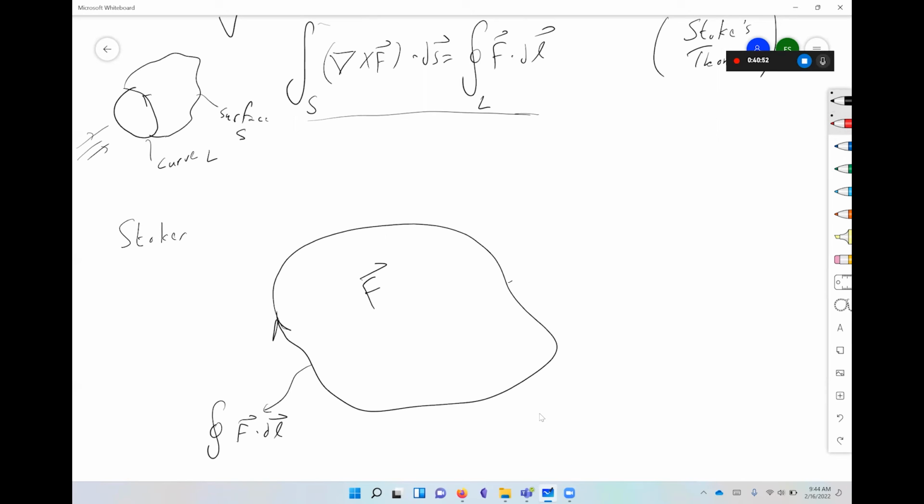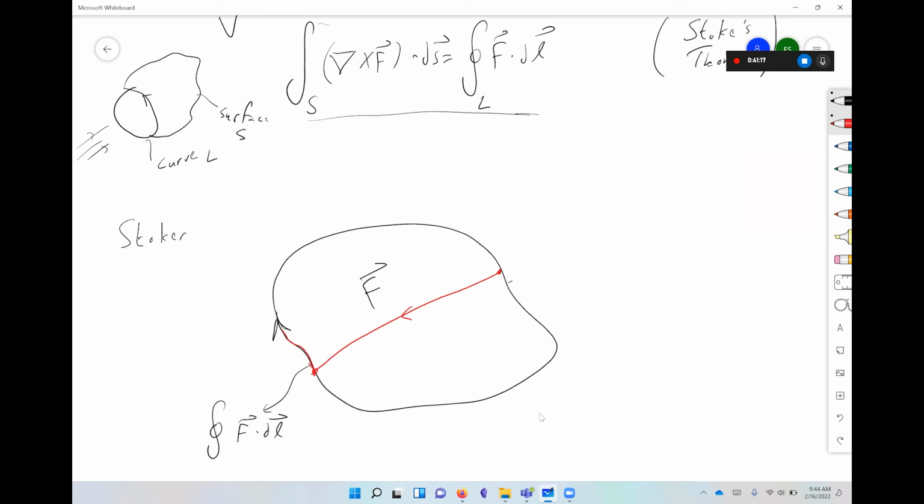I can always intuitively take this circulation on this curve and divide it into multiple tiny circulations. So let's say I cut this in half. So instead of having this big circulation, I have a circulation going from this point, reaching here, and then going back.